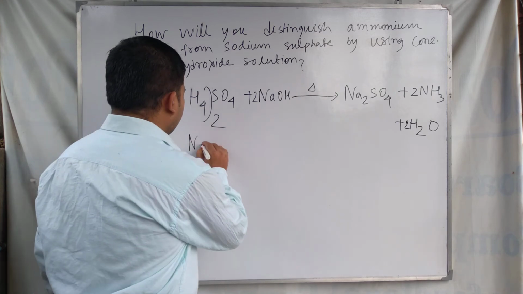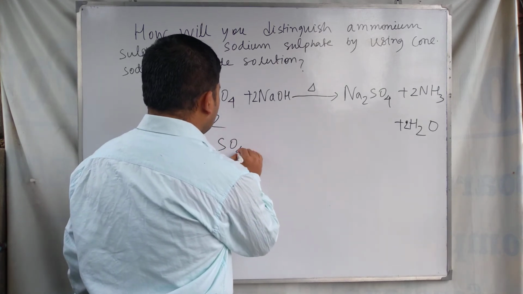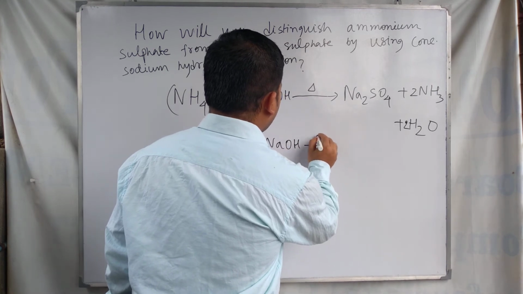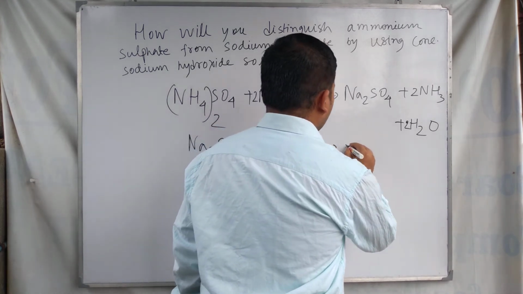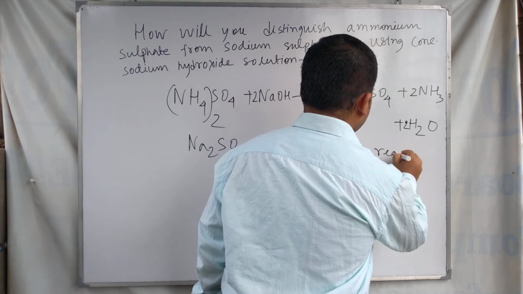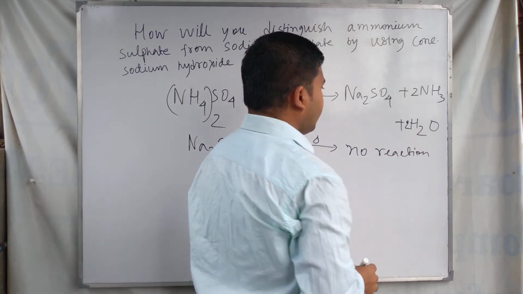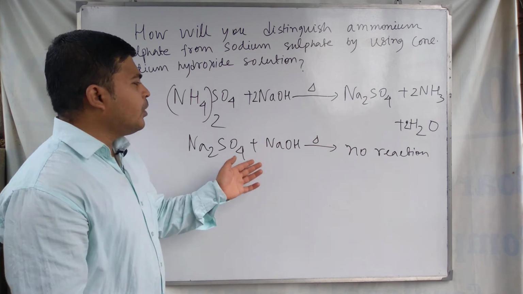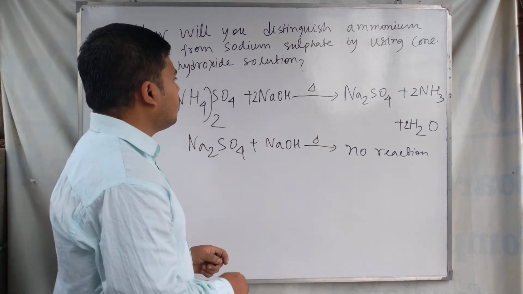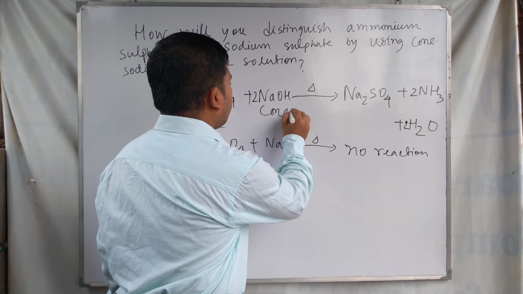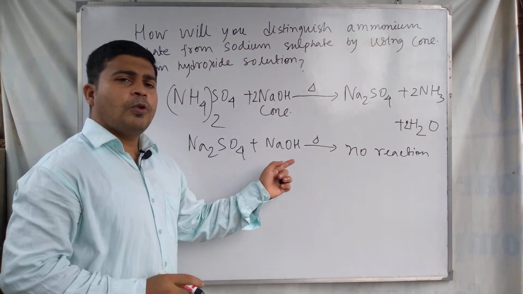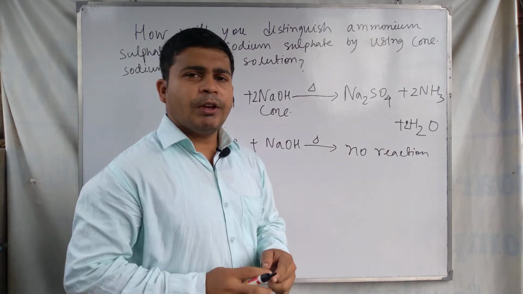But sodium sulphate, when heated with sodium hydroxide solution, has no reaction. It is unaffected by adding concentrated sodium hydroxide solution and heating; no reaction takes place in the second case.